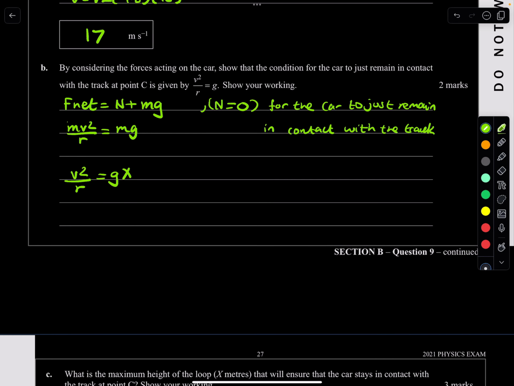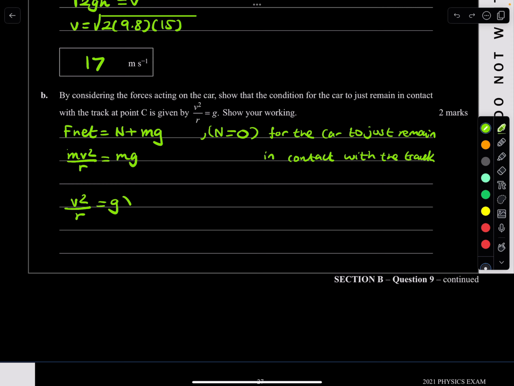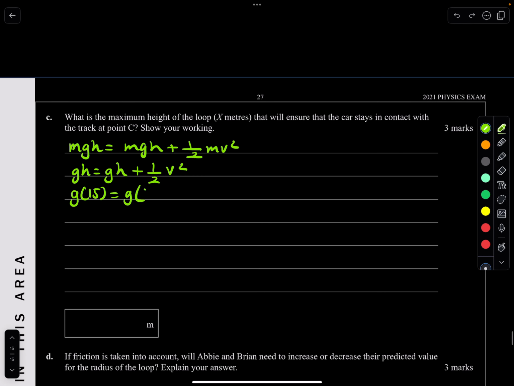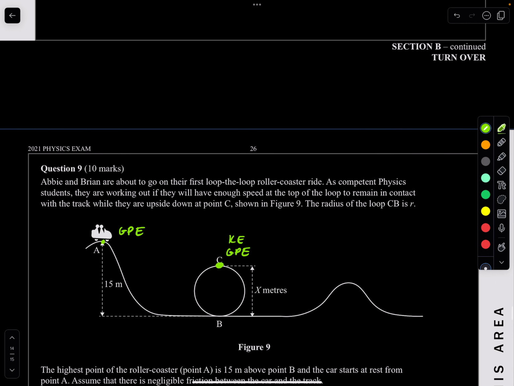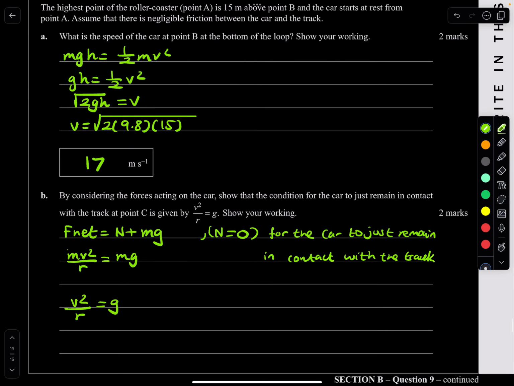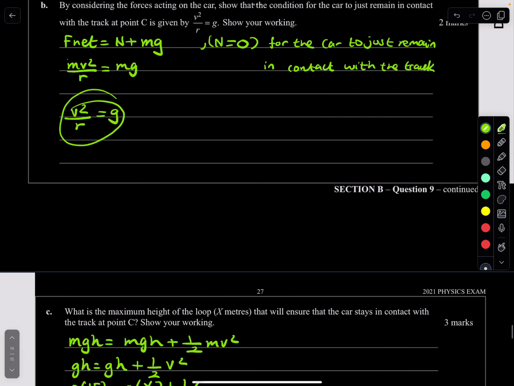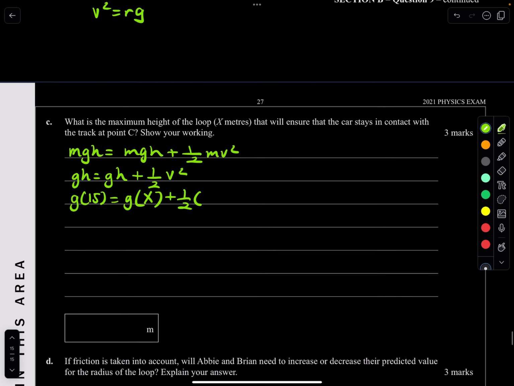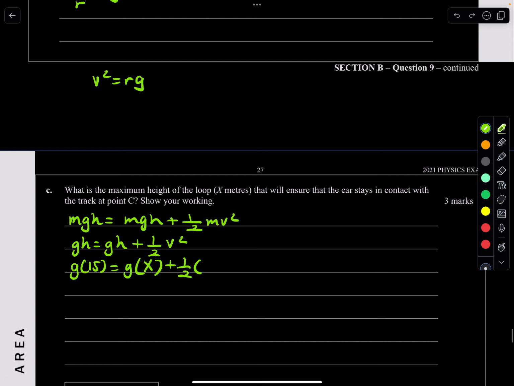So gx plus half velocity squared. This is the velocity at the point where it just remains in contact, and we just calculated that. We know v squared over r is g, so v squared is just rg. So we can replace that v squared with rg.